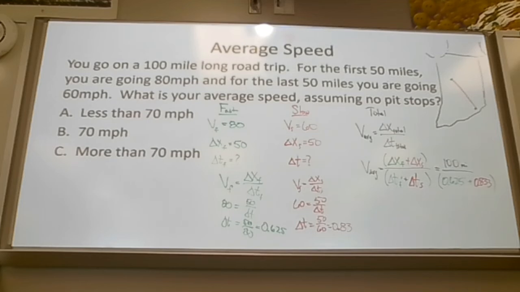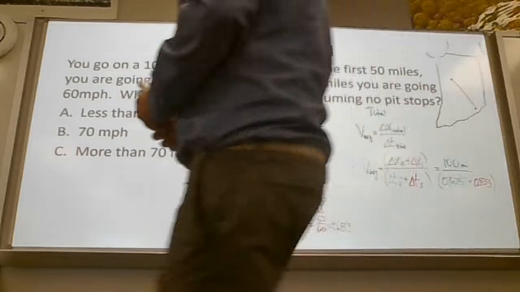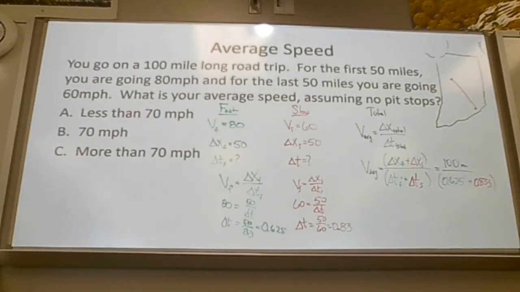And so when we do this, 100 divided by whatever that is, we find that to be 68.59 miles an hour. Good with that?